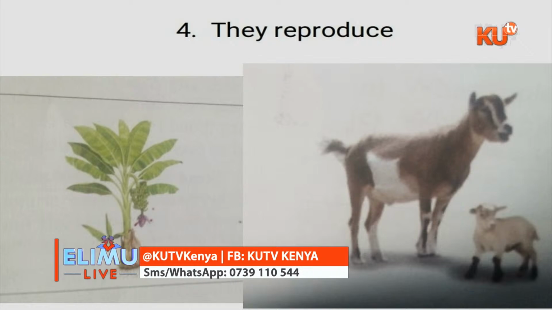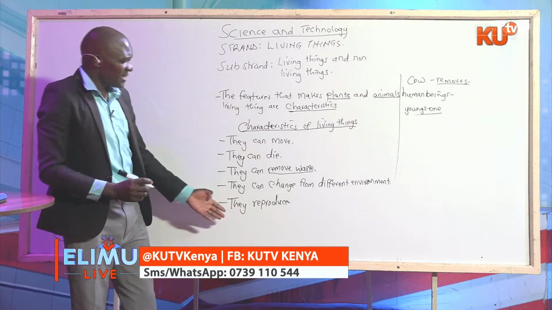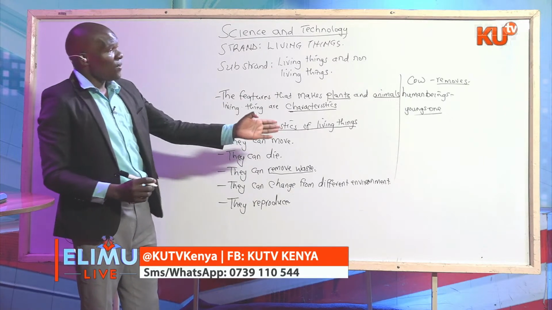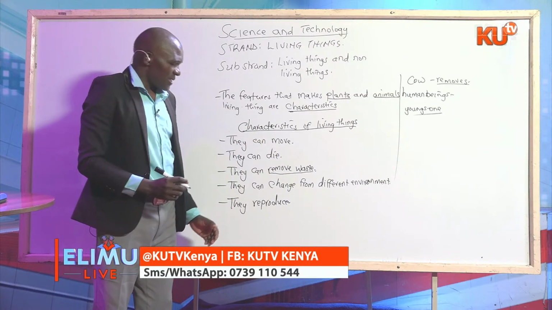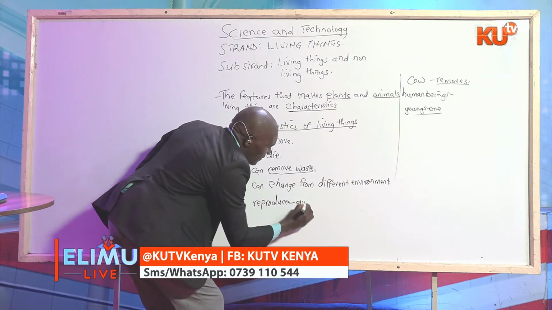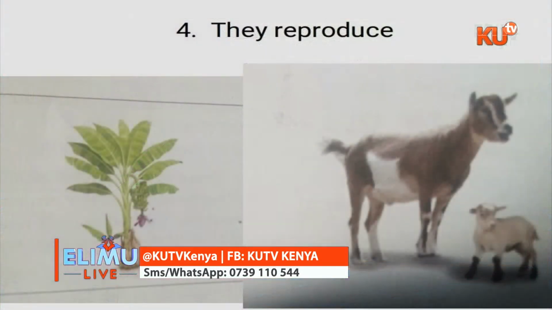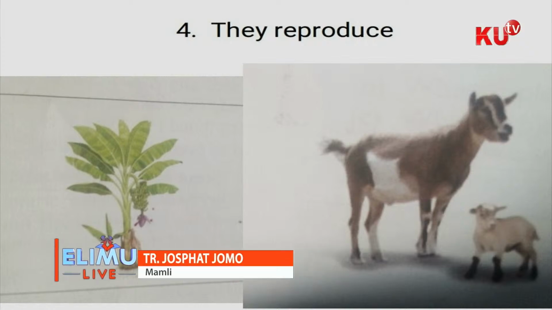You will always see a cow with a calf, which means that they can reproduce. They can give rise to young ones. Reproduce simply means giving rise to young ones. So living things always have the young ones with them.